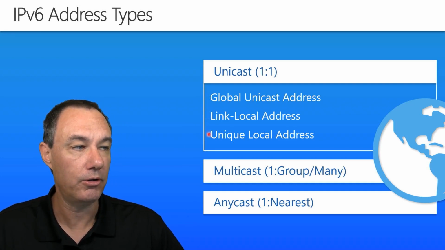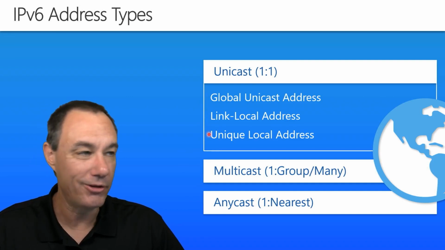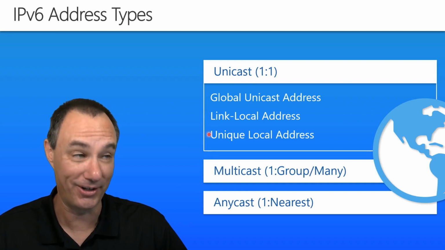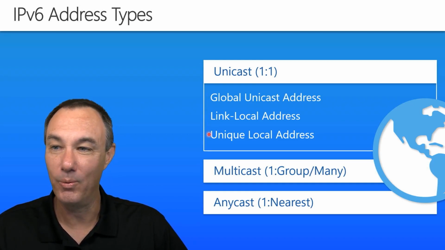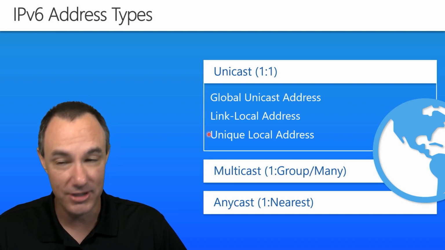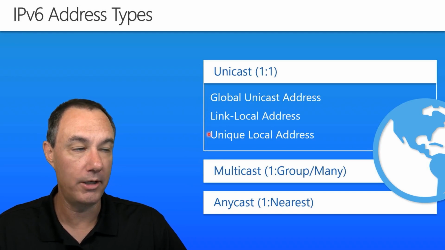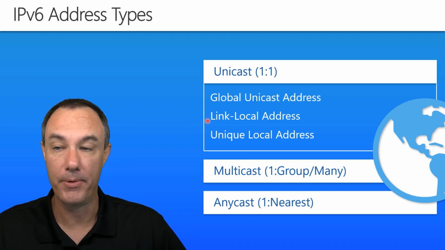And then unique local, which is the equivalent of private addresses. We tried to not do private addresses for IPv6. That didn't last very long. So there is the construct of private. 169.254. Great. A PIPA is 169.254. And we're going to see that link local starts off with FE80. Okay.